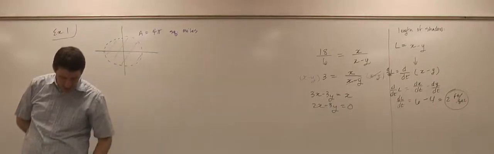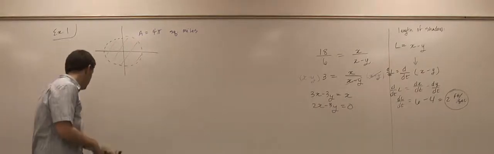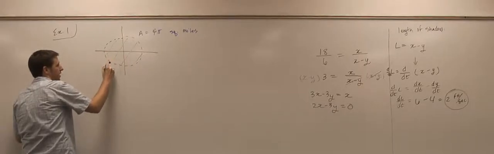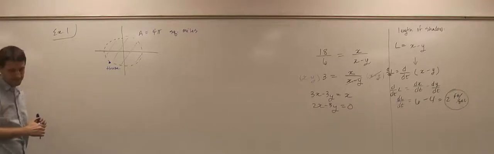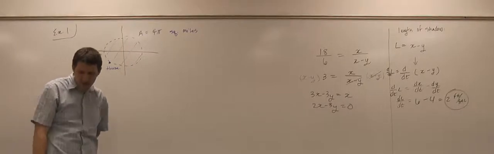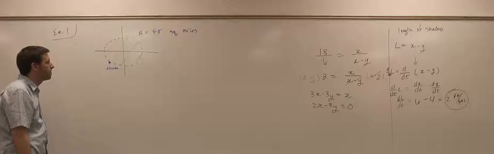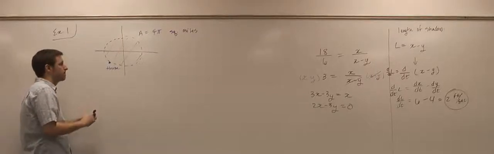Then it says your house is right on the edge of the infected region. So my house is right on the edge here. Preliminary findings show that the area of the outbreak is spreading at a rate of 10 pi square miles per hour.